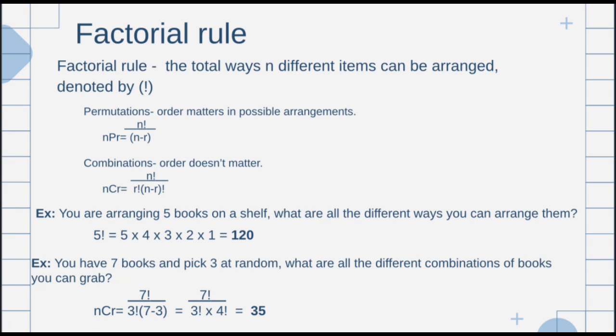So in this case, it would be 7 exclamation mark over 3 exclamation mark times (7 minus 3) exclamation mark. Then this equals 7 exclamation mark over 3 exclamation mark times 4 exclamation mark. You put this into a calculator, and it equals 35. You can also count it down, like 7 times 6 times 5 times 4, but I think it's usually easier to use some kind of technology.